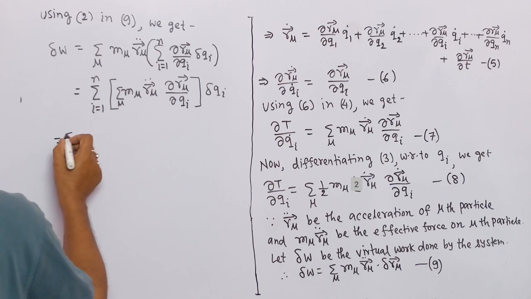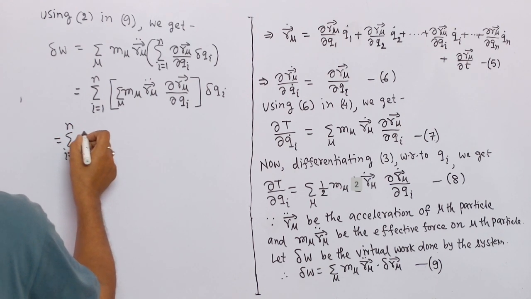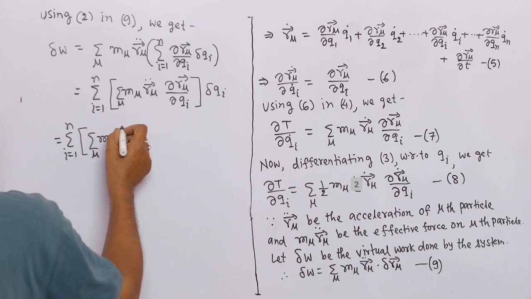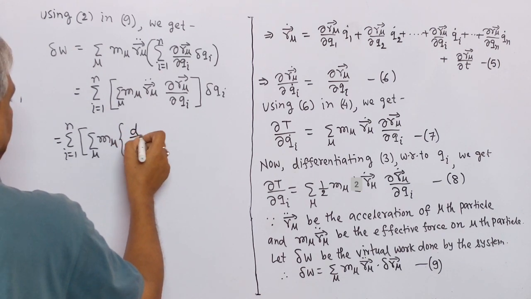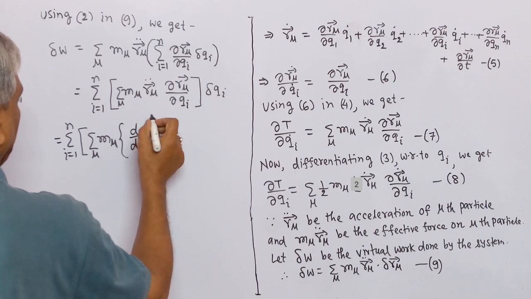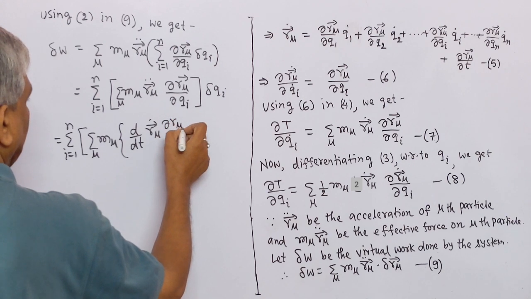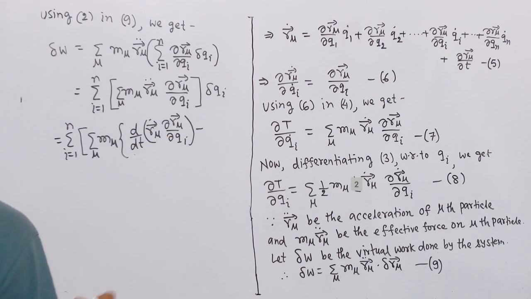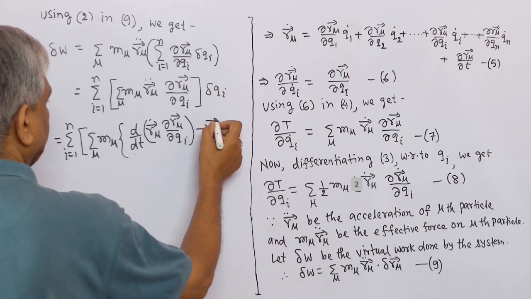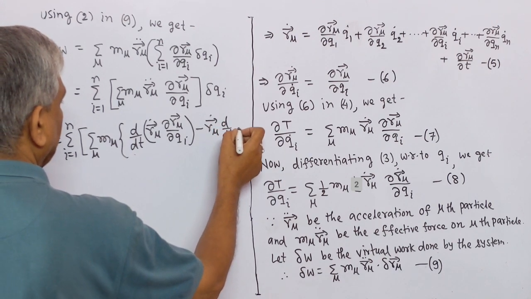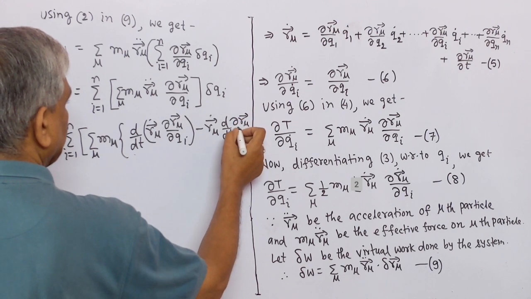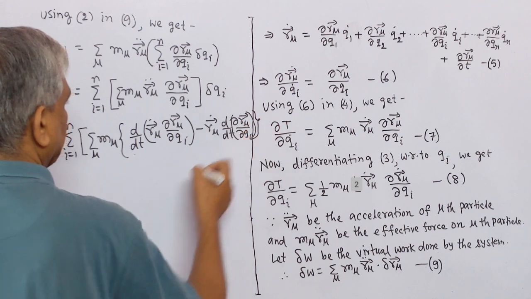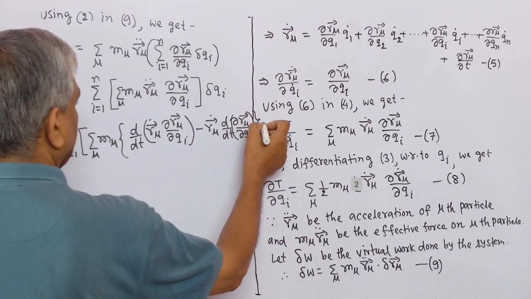This will be equal to sigma i equal to 1 to n sigma mu a mu, here we may write d by dt r mu dot partial derivative of r mu vector with respect to qi minus r mu dot d by dt partial derivative of r mu vector with respect to qi. This bracket close, and here delta qi.